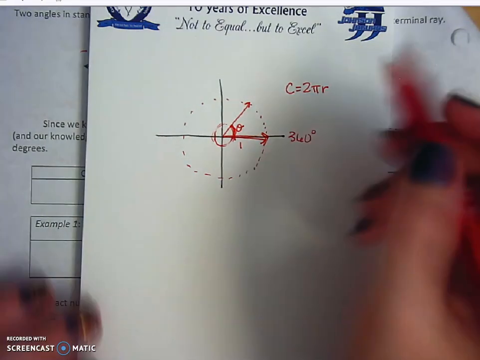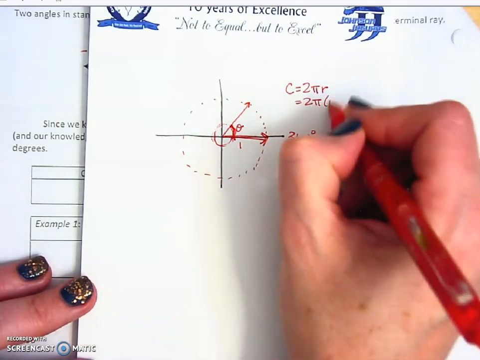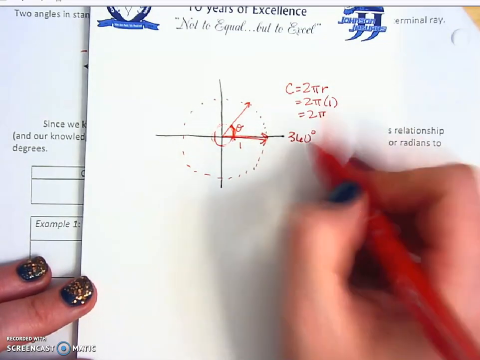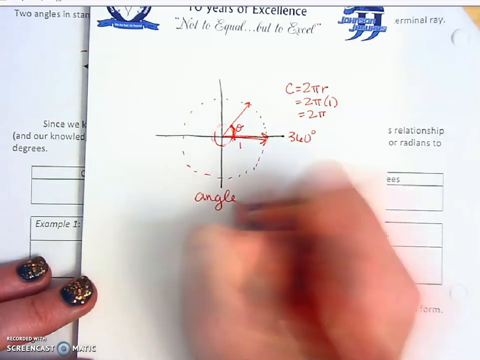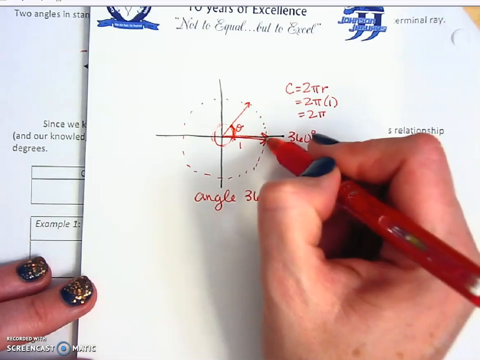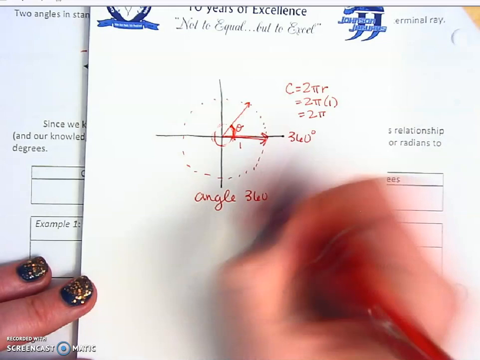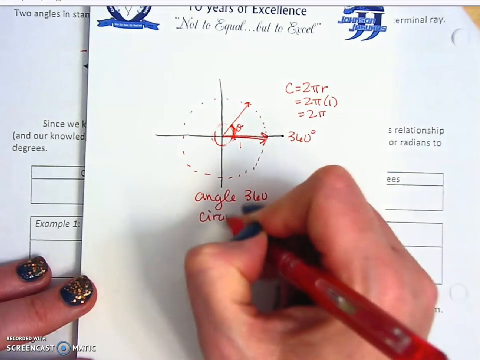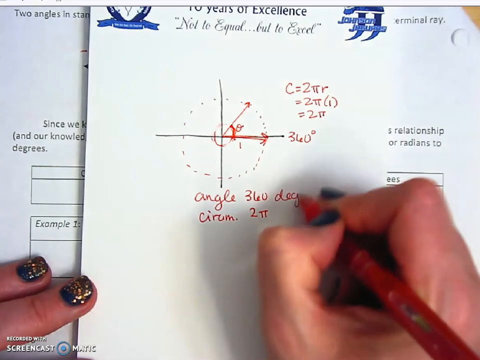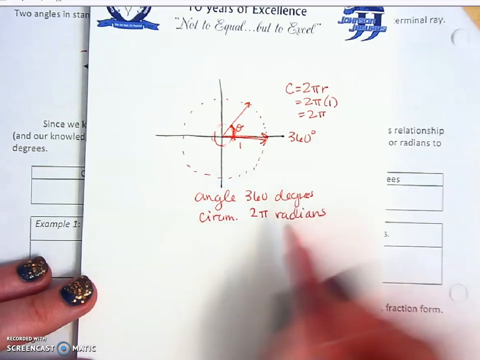Well, let's just standardize this to a radius of 1, and that becomes just 2 pi. So the angle measure for the circle is 360 degrees. The distance traveled around the circumference of the circle is 2 pi, right? This one is degrees, and this one, we're going to call that unit radians.